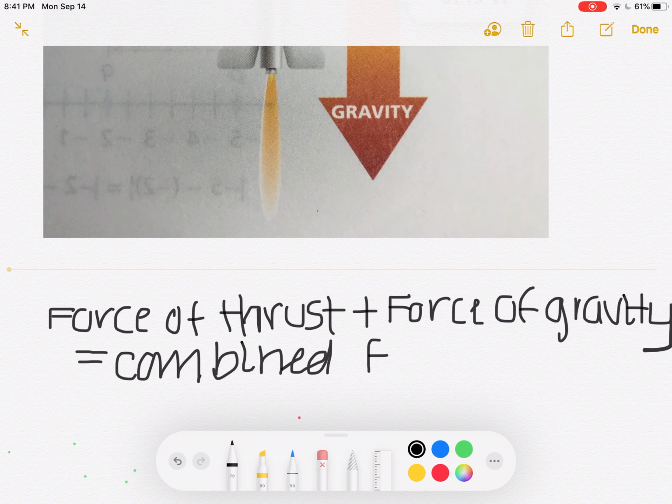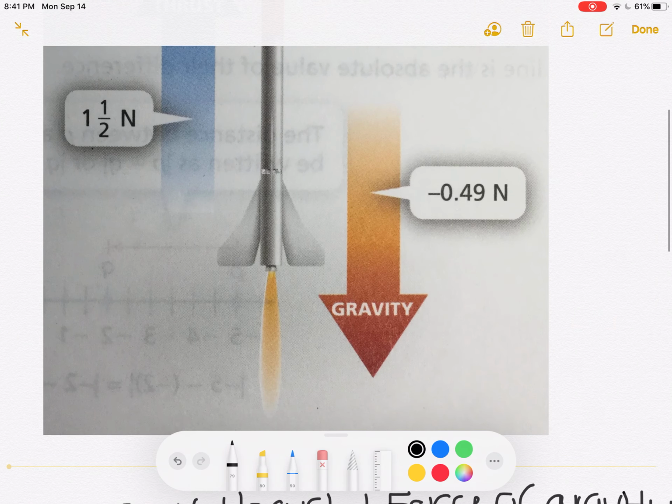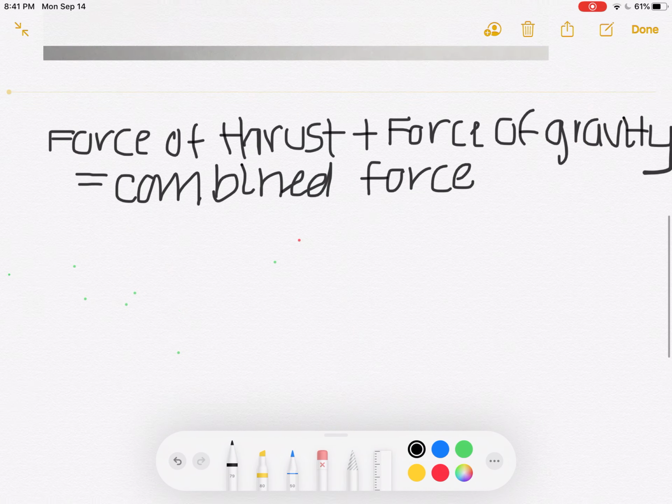So I'm going to say is equal to the combined force. The combined force is what we're looking for.